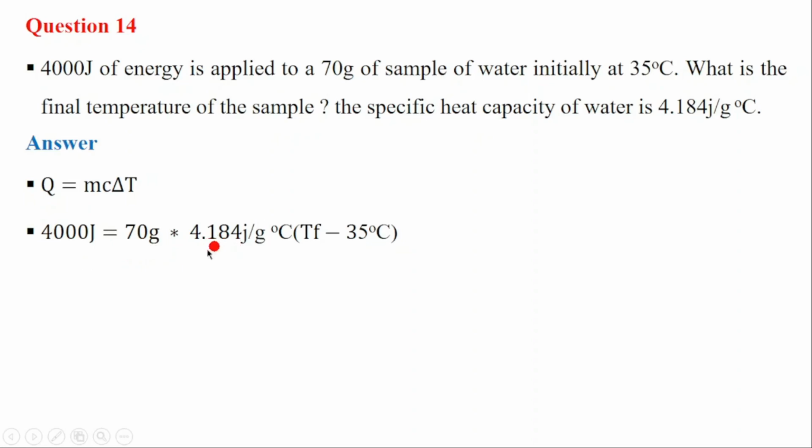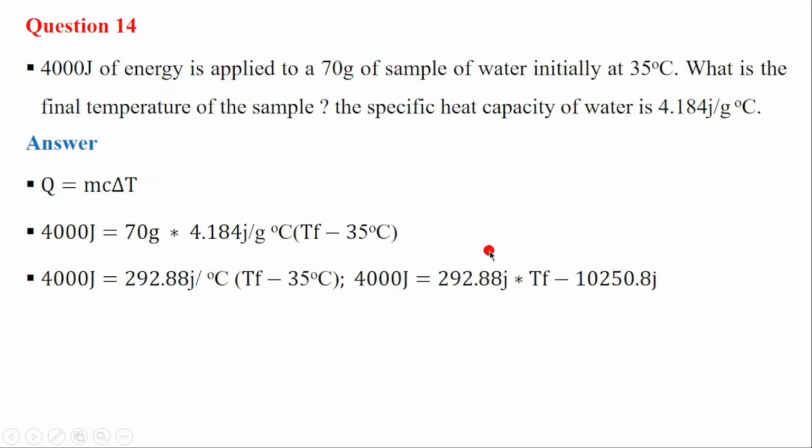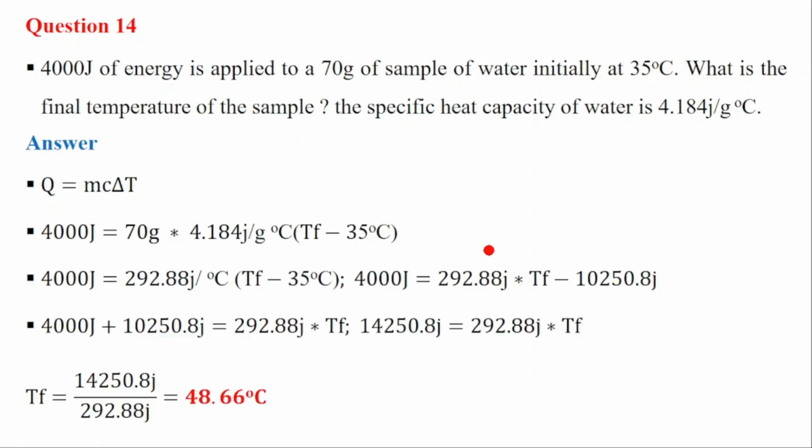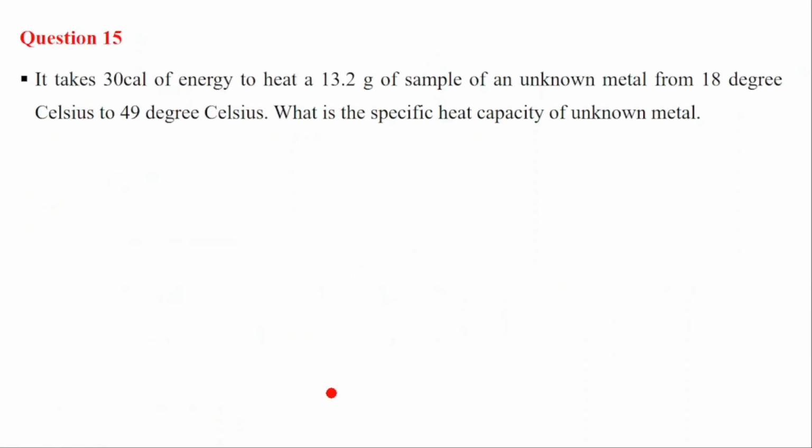The specific heat capacity is 4.184. The temperature initial was given as 35. Then we rearrange the terms and find TF. If we do the calculation, we will see that the final temperature will be equal to 48.66 degrees Celsius.